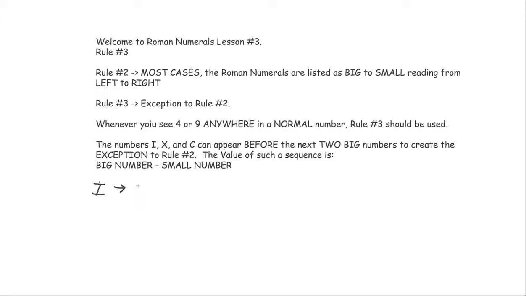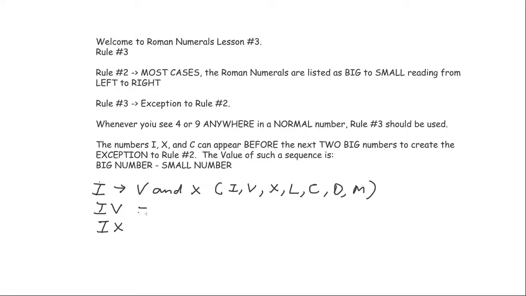They are V and X. Remember, the sequence is I, V, X, L, C, D, and M. So this rule is saying that we can have I and V, and we can also have I and X.